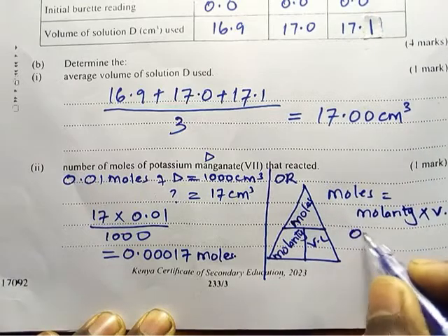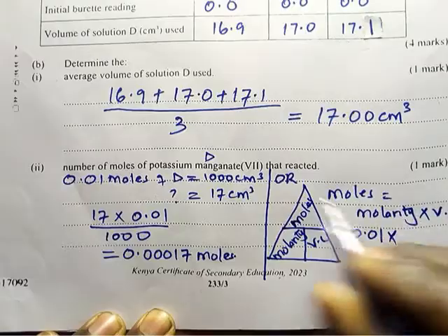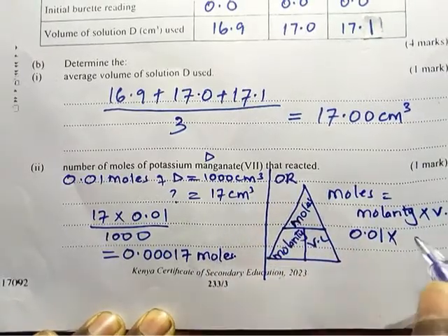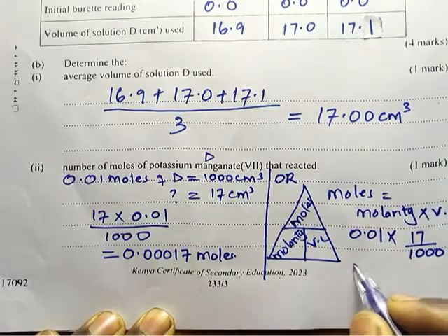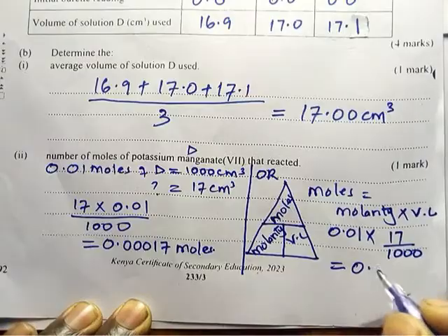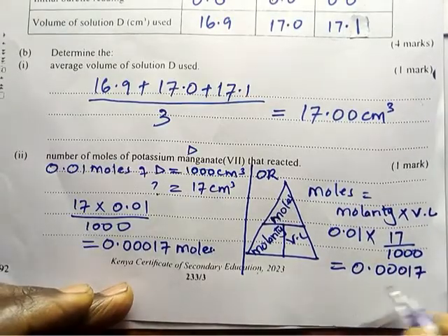Our molarity is 0.01 for solution D, and the volume used was 17 centimeters cube, so we divide by 1,000 to convert into liters, and this gives us 0.00017 moles.